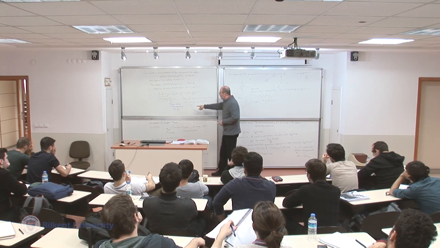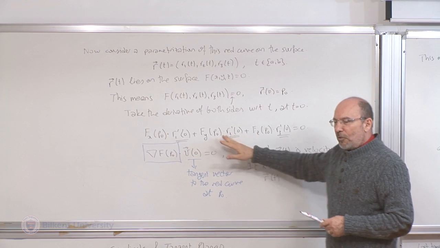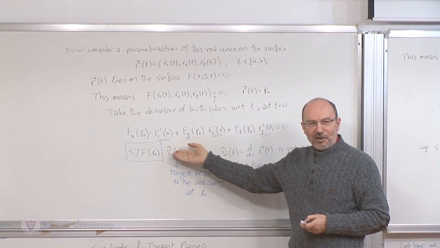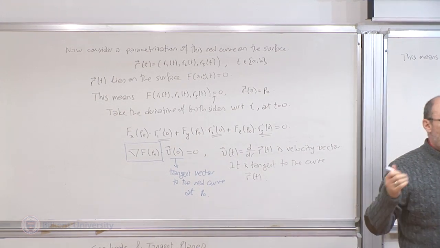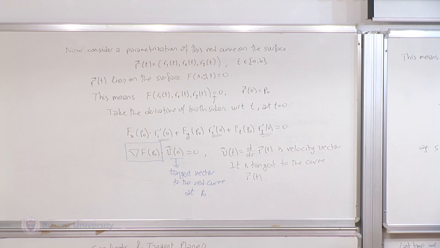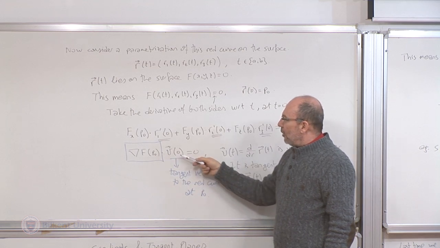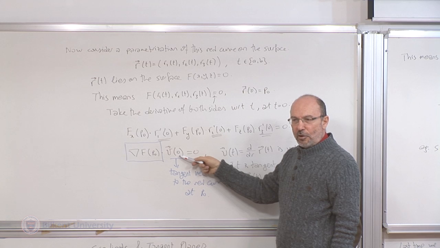Okay, so now let me rewrite this expression. Okay, now we run out of ideas again. There is no place to take derivatives because we have a constant. So at this point, you sit down, stare at it, and say, what does it mean? Okay, forget about all the calculations, forget about all the restrictions. This is what it means. At one point, I can choose any direction tangent to the surface.